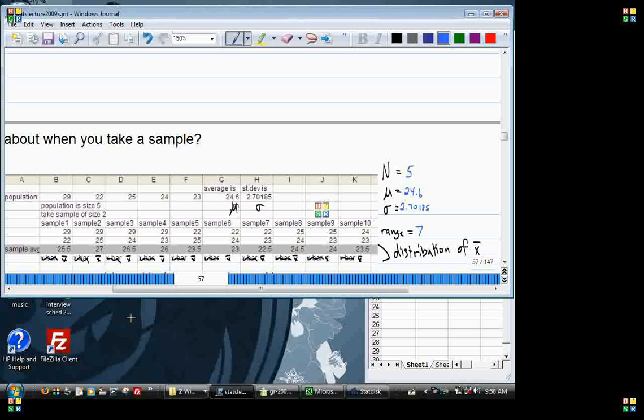What's the next thing we need to talk about? The standard deviation. So the question is, is the standard deviation going to be the same? What do you think? I get some yeses and some nos. Okay, good. That means you're thinking about it. So, what does standard deviation measure? Think back to when we learned standard deviation.